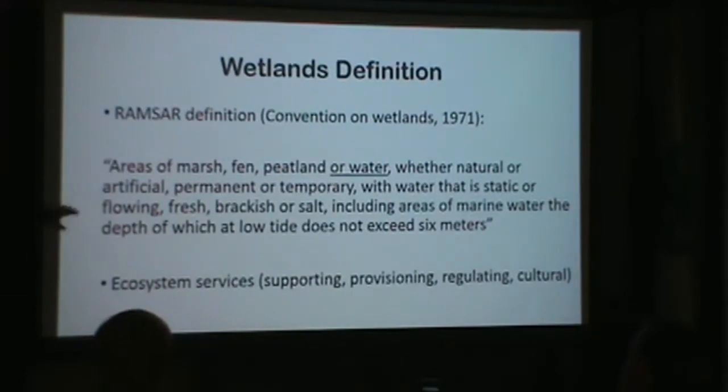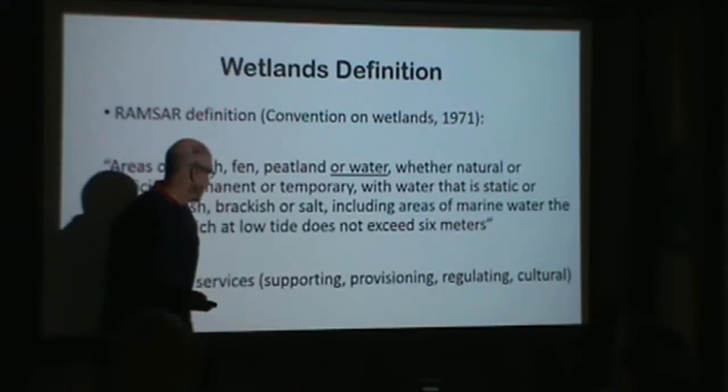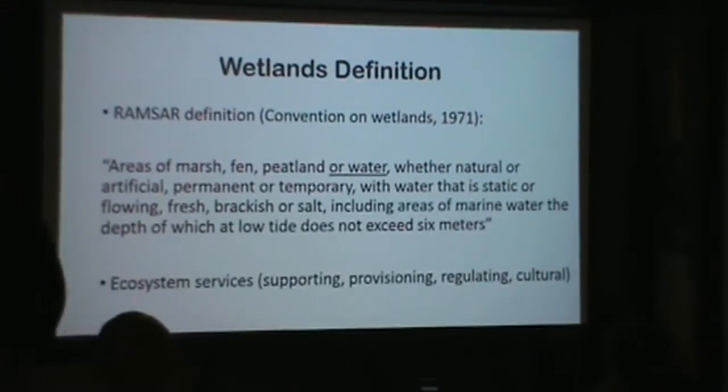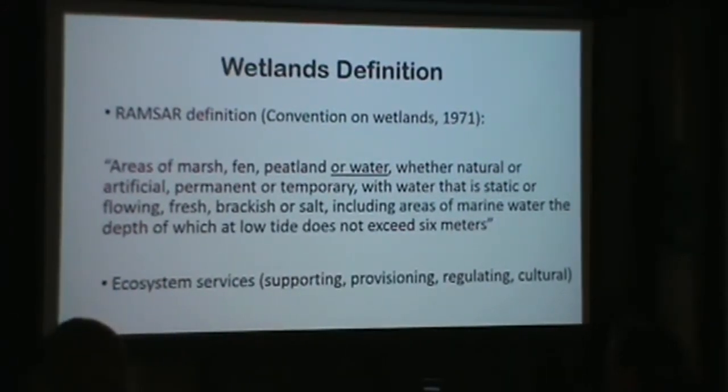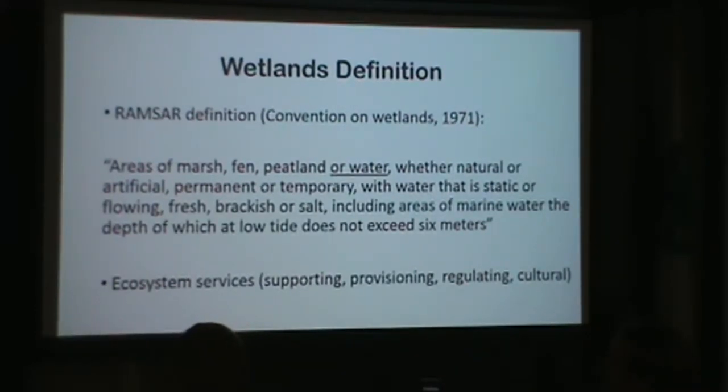So, with that in mind, just a reminder of ecosystem services. You know, in general, ecosystem services can be of one of four categories: provisioning, supporting, regulating, cultural. In the case of wetlands, an example of supporting services is nutrient cycling, for example, formation of soil, or those services that support the other services or that are necessary for the other services.